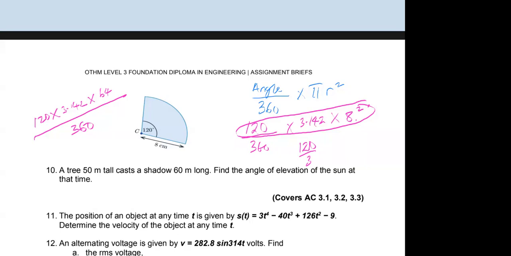Yes, so let me put that one there. I don't know if that's right. Okay, let's see. Times 3.142 times 64 divided by 360. I hope it's correct.